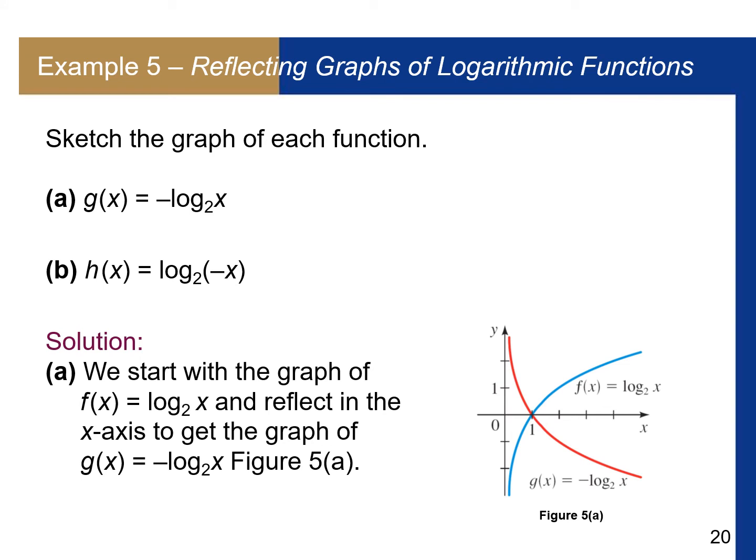Here we have our graph going through our x-axis, and if I'm going to reflect it about the x-axis, it'll look this way. And that's what happens when I take the negative value of the whole thing.